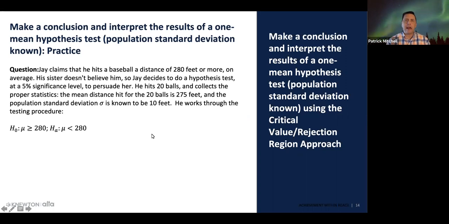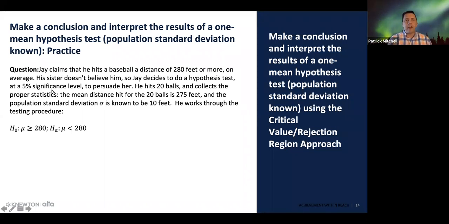So I want to repeat something I said in the last video, which is that the alternative hypothesis can only contain the symbols less than, greater than, or does not equal. So the alternative hypothesis never ever contains equality.